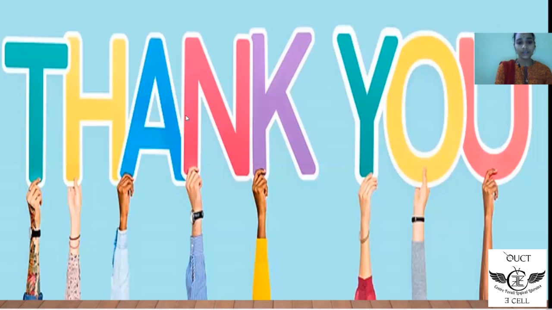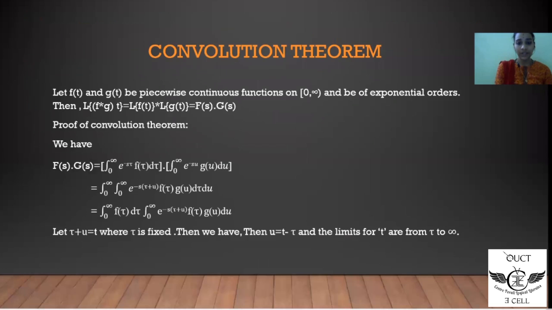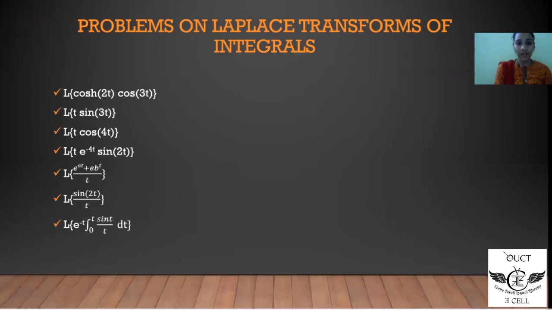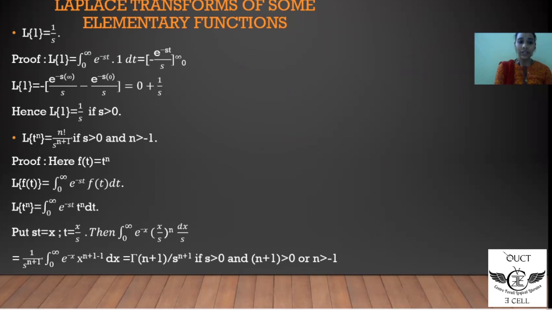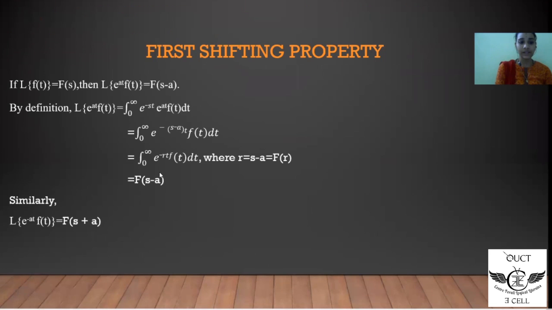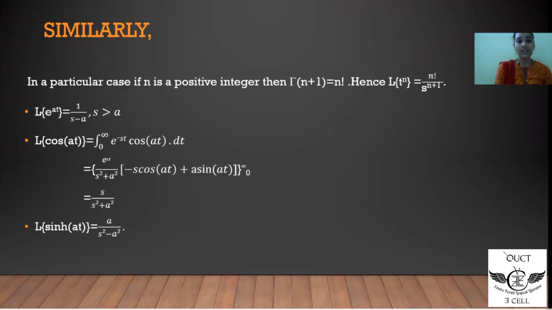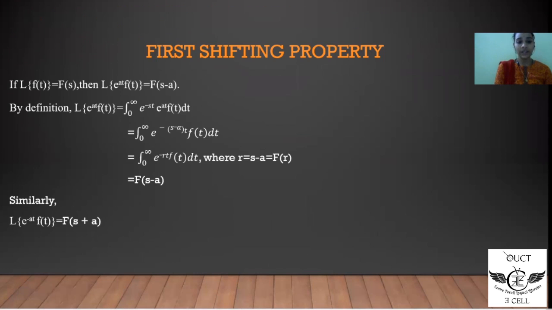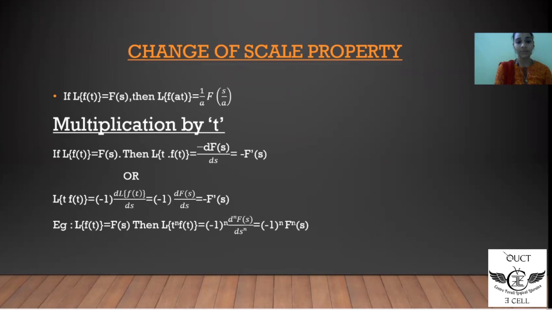So with this, we are done with the Laplace transforms. In this chapter, we have discussed what the Laplace transform is, the definition of the Laplace transform, a few examples of the Laplace transforms, a few important results of the Laplace transforms, and properties of Laplace transforms like the linearity property, first shifting property, second shifting property, change of scale property.